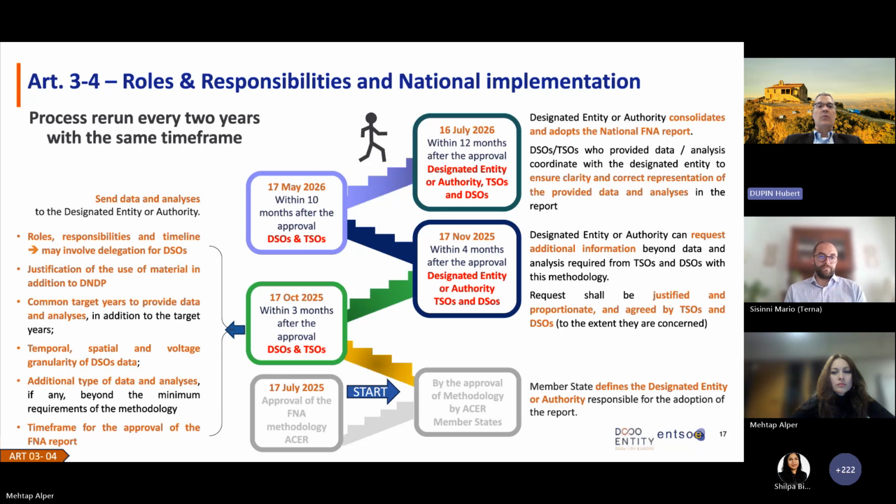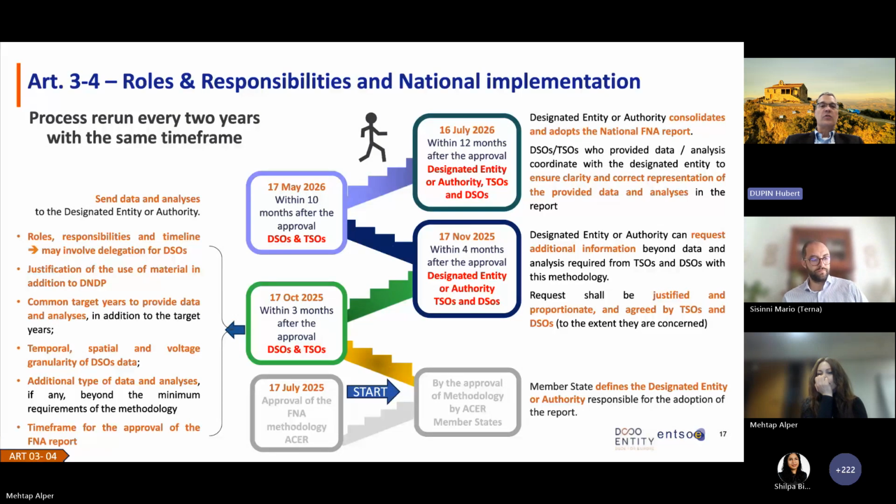It is likely that when there are many DSOs in a country, they probably organize so that one DSO provides the data for several DSOs, but in general, DSOs can delegate their task to another DSO, an association of DSOs, a transmission system operator, or some other third party. So basically, who does what when?